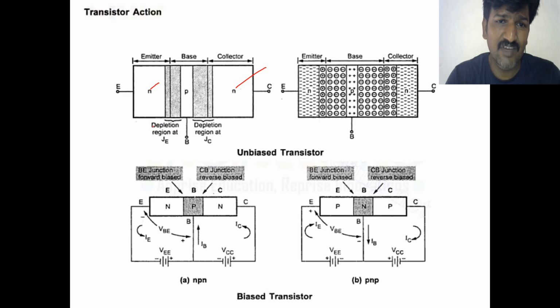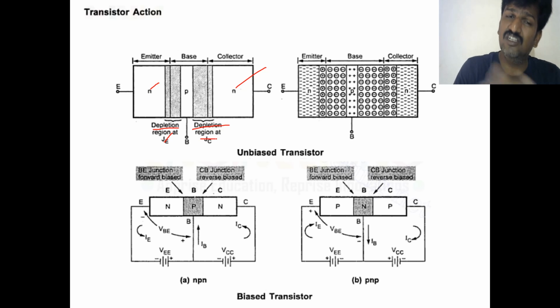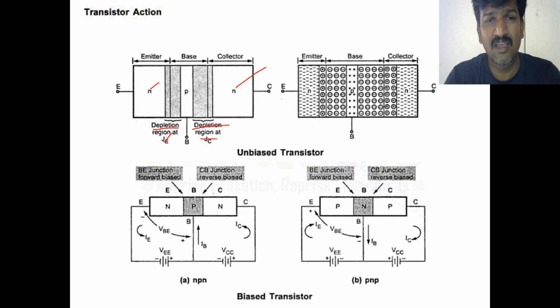A depletion region forms at the emitter to base junction, and also at the collector to base junction. Generally the majority carriers of the emitter are electrons and the majority carriers of the base are holes, which are going to diffuse. The majority carriers of the emitter try to diffuse to the base.